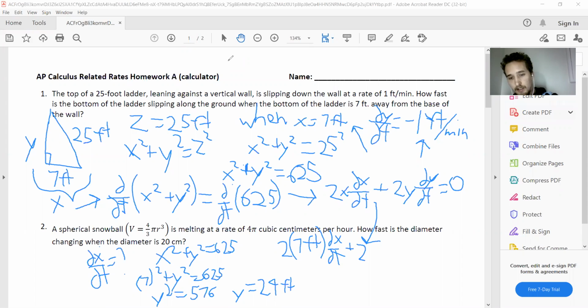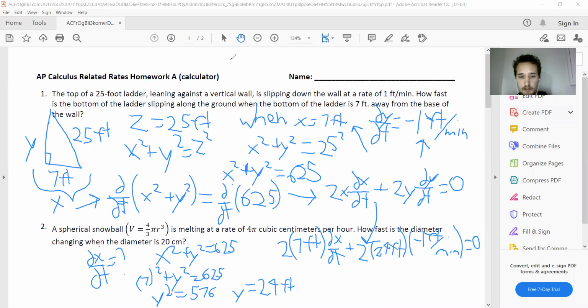plus 2 times, so we know our y from here, we got 24 feet. And then dy dt is all the way back given, right? So it's slipping down the wall at a rate of 1 foot a minute. Negative 1 foot a minute equals 0.